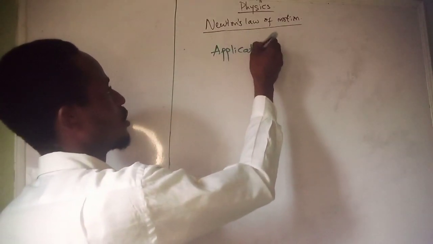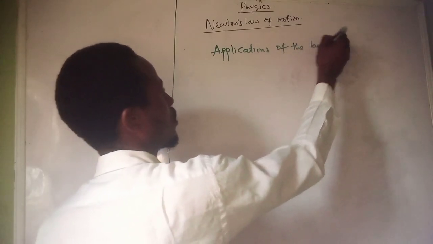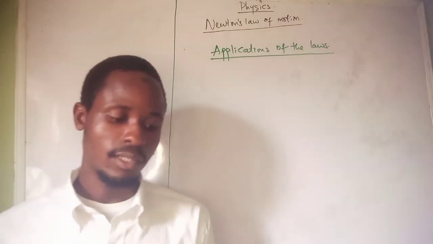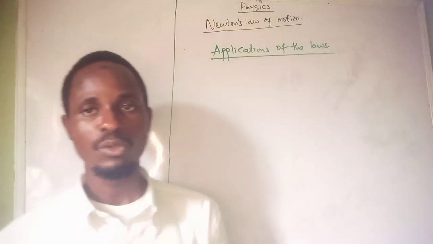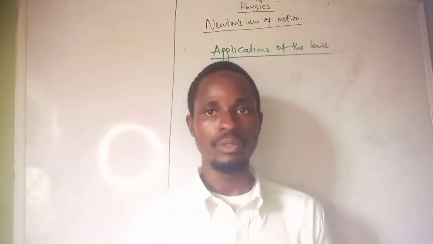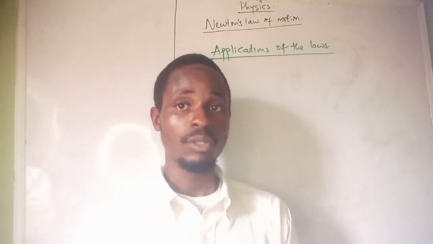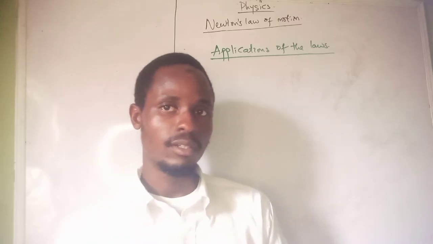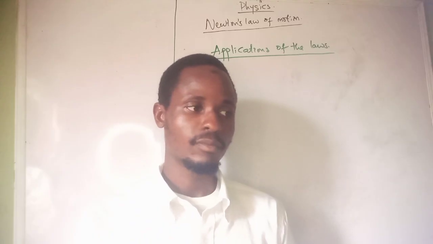Applications of the laws. The second law of motion and the third law of motion are applied in shooting a gun. When you shoot a gun, as you probably see a soldier shooting a gun, there is a recoil that takes place in the gun.